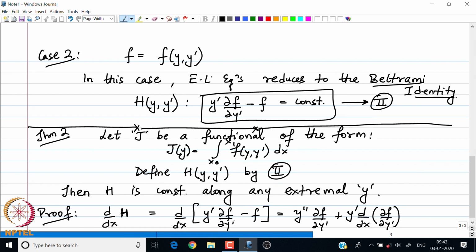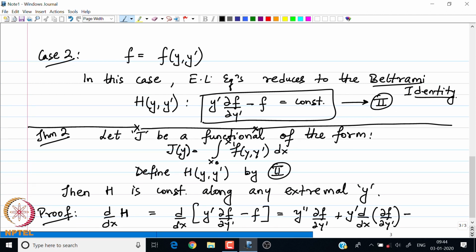So, that is the first quantity, and then we have the ordinary derivative of f with respect to x, that can be changed into a partial derivative of f with respect to the variables y and y prime, because those are the only two variables on which f is dependent.